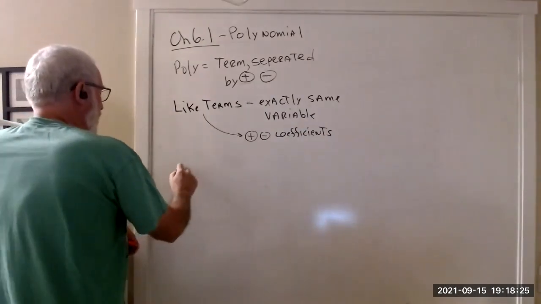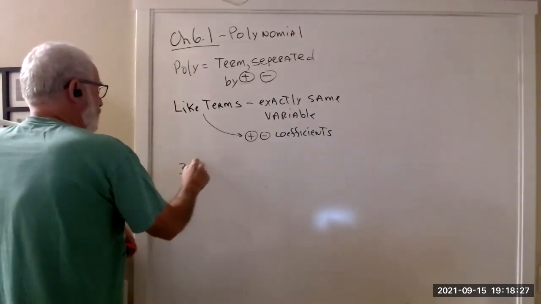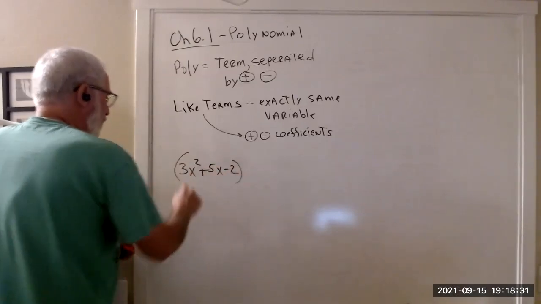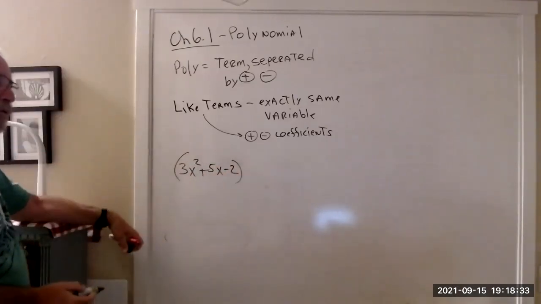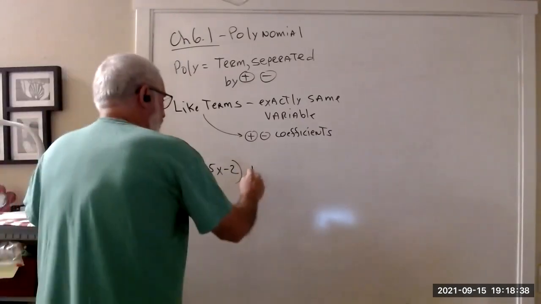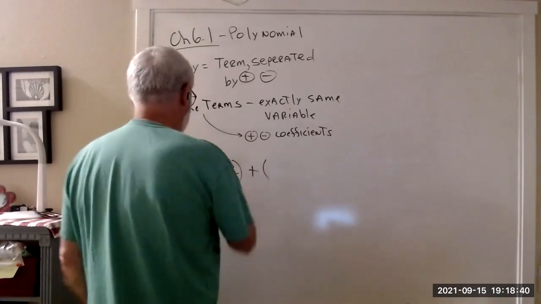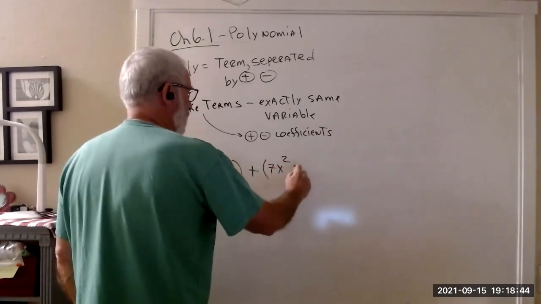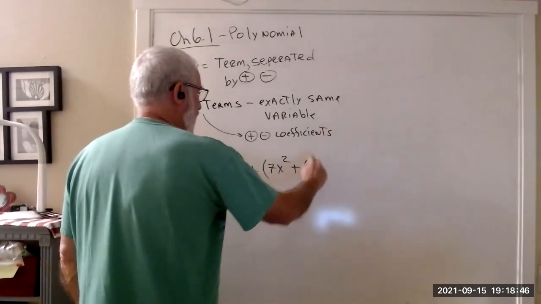So suppose we had 3x squared plus 5x minus 2. So we have a trinomial. And I want to add it with 7x squared plus 6.